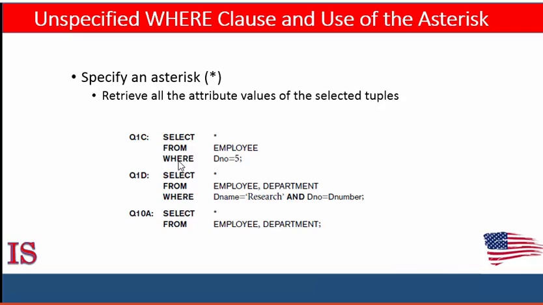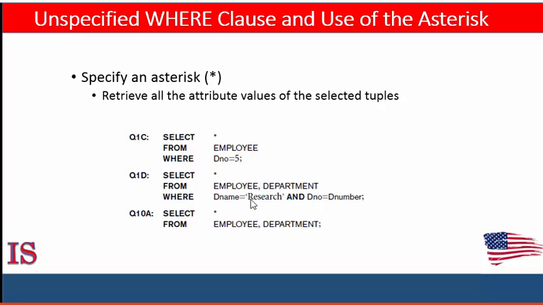In this first one, we see we're selecting all the attributes from the employee table where the department number dno equals 5. In this one, we're selecting all the attributes from both the employee table and the department table where the department dno is equal to the employee's dno, or vice versa. I'm not sure which attribute is in which table.